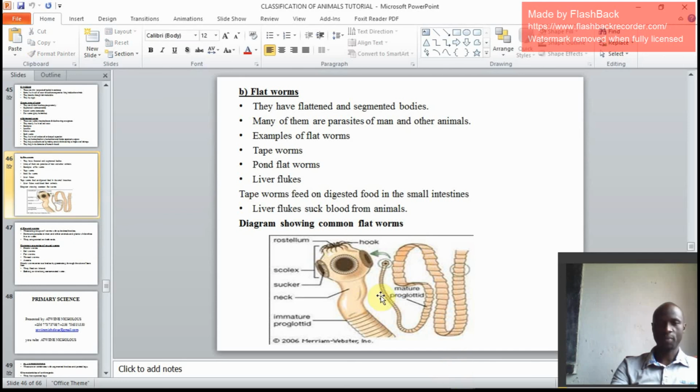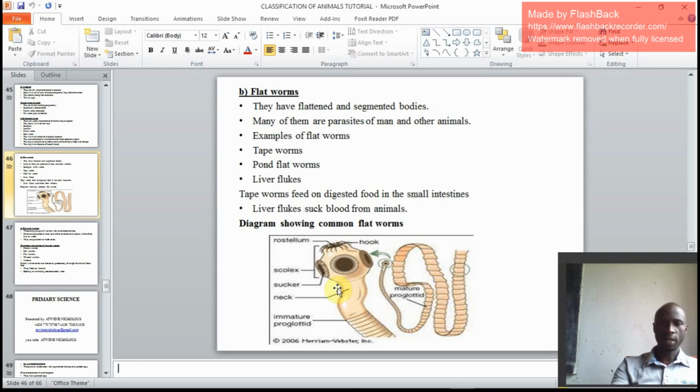That's a tapeworm. You need to know the role of hooks and suckers. Hooks attach the tapeworm to intestinal walls. Suckers suck digested food, not blood, but digested food.